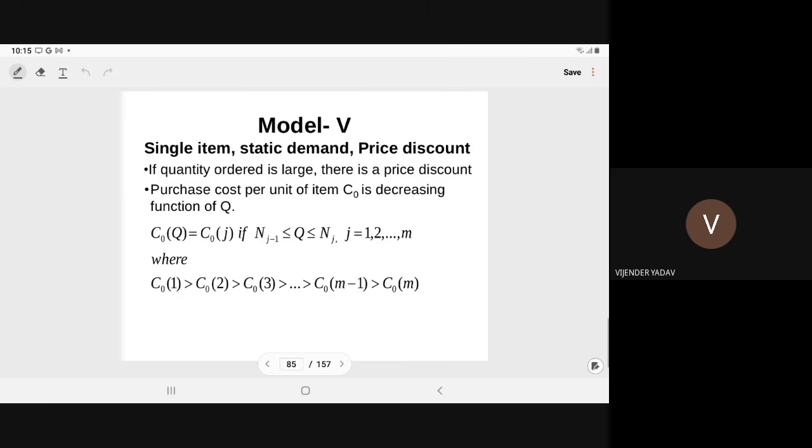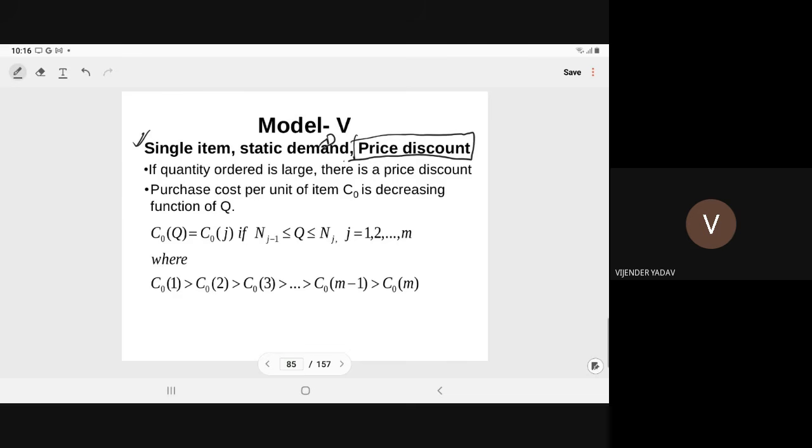In model 5 we have a single item, static demand D, and the important modification is the price discount. In practice, when you purchase an item in more quantity, you get a discount. For example, if you purchase more than 100 items, then the unit price is something.